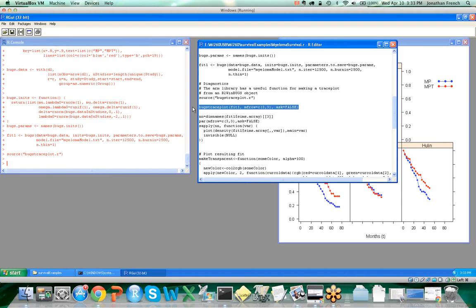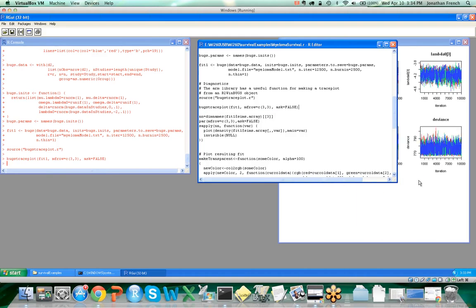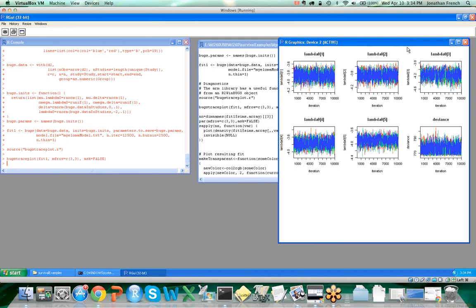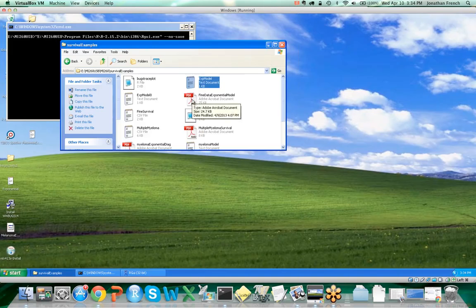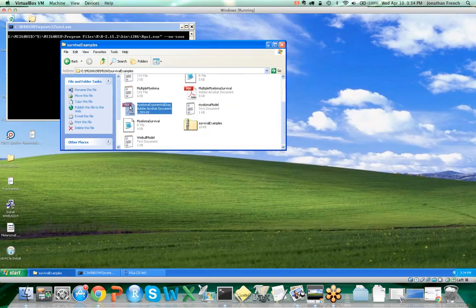It's probably easier to do it that way. Or if you run this bugs traceplot, what it's doing is it overlays the trace plots from each of the 3 Markov chains that we've run. And I think I've saved that. Let me just make sure. I think I've saved that into a PDF. Yeah, here.